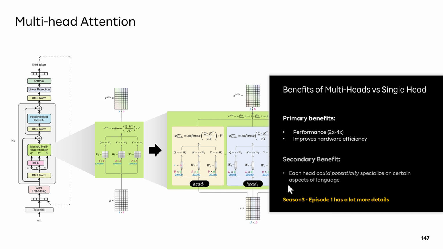But one thing that I will call out is many tutorials out there incorrectly state that because of multi-heads, each head specializes in a certain aspect of language. Actually, that is not true. And again, I explained the details of all of those things in episode 1 of season 3. I would highly encourage you to go back and look at that section of the presentation again.